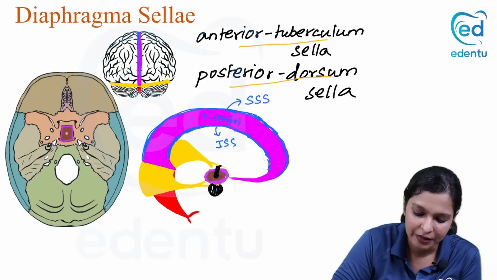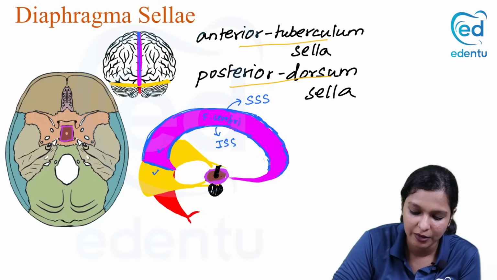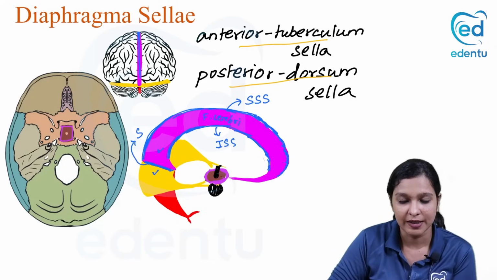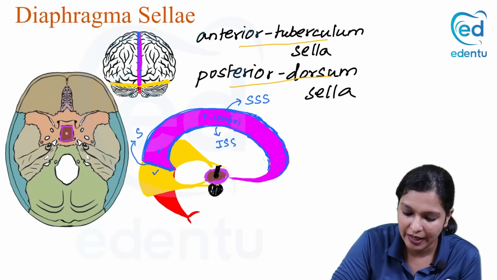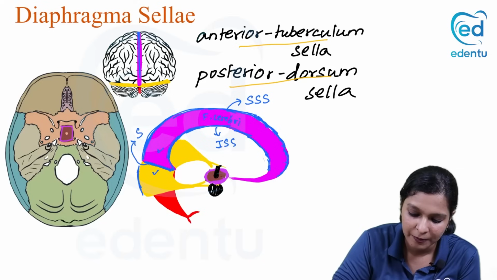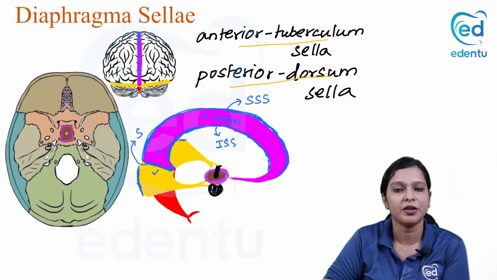Between these two, between the falx and tentorium, there is another sinus called the straight sinus. Then we have one related to either side of the posterior attached part of the tentorium.